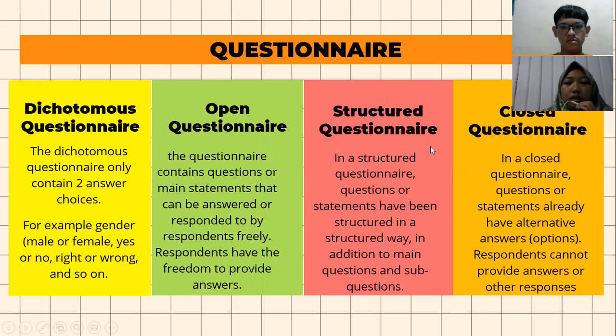In a structured questionnaire, questions or statements have been structured, in addition to main questions and sub-questions. And the fourth, the closed questionnaire. In a closed questionnaire, questions or statements already have alternative answers or options. Respondents cannot provide other answers or responses.